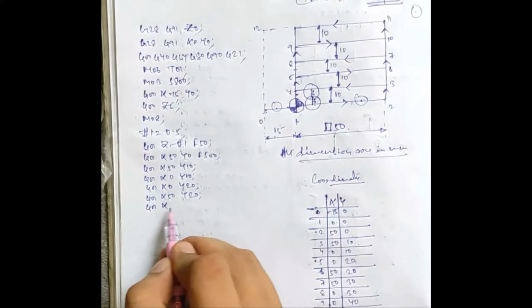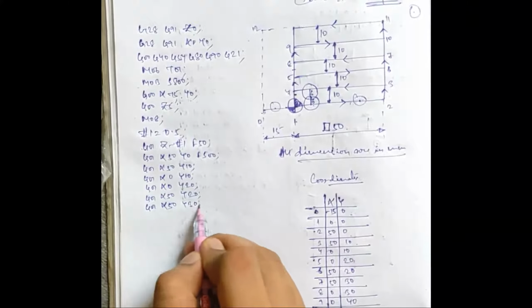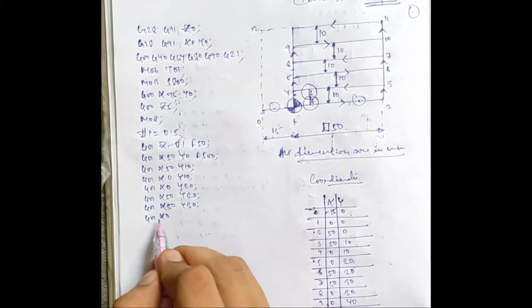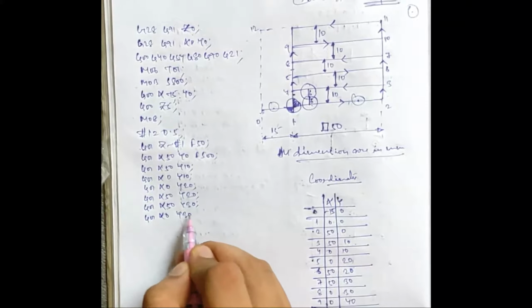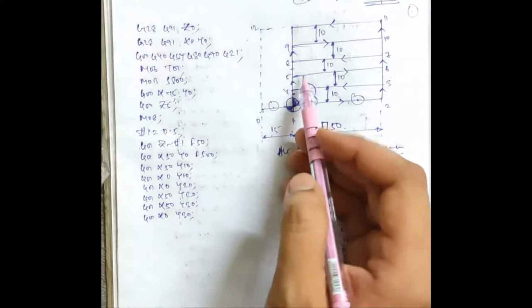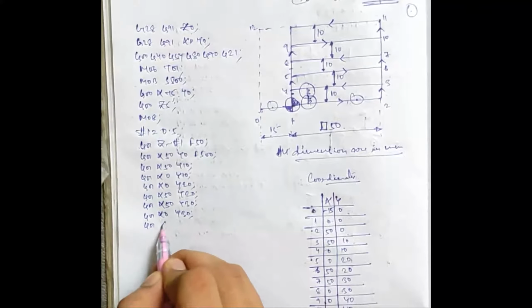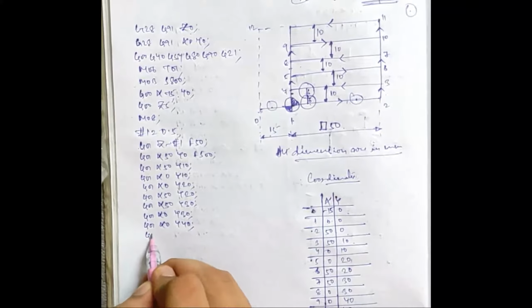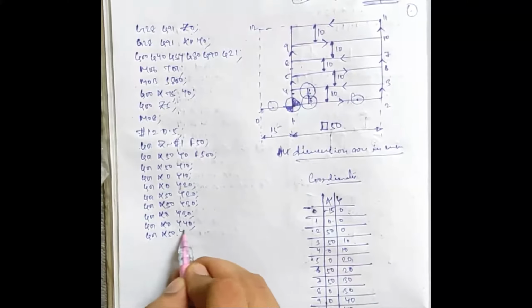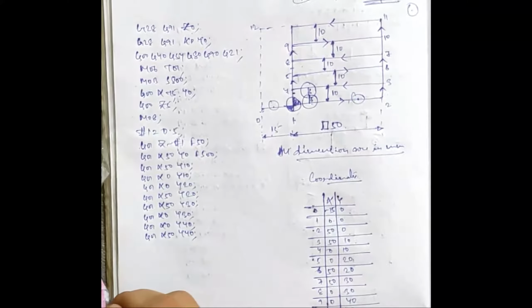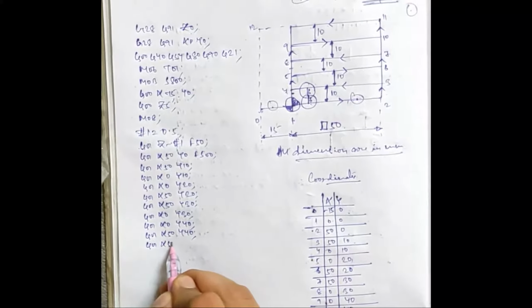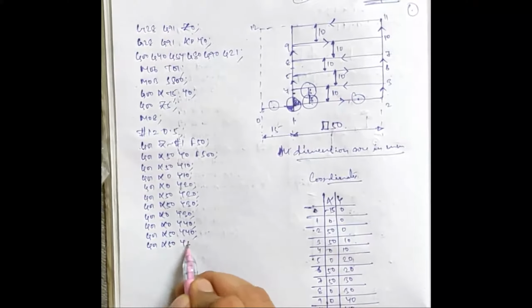Then 6 to 7, G01, x50, y30, then 7 to 8, G01, x0, y30. Okay, then 8 to 9, again G01, x0, y40, then 9 to 10, G01, x50, y40. Okay, then 10 to 11, G01, x50, y50.